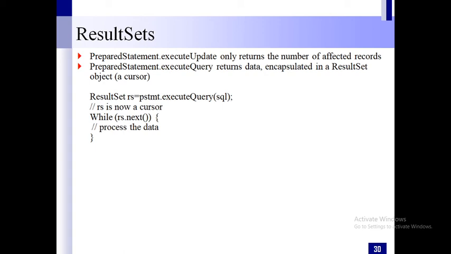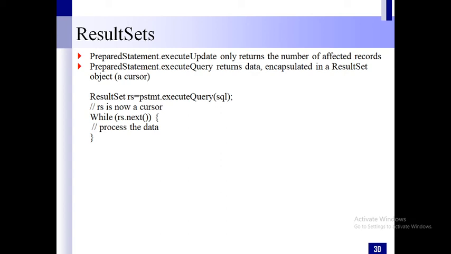First you create a reference of ResultSet, and this ResultSet will point to the result of this query. See, here we are using executeQuery. As I said previously, we used executeUpdate, and here we use executeQuery. executeQuery is used if you are fetching the result, which means it will return multiple rows.